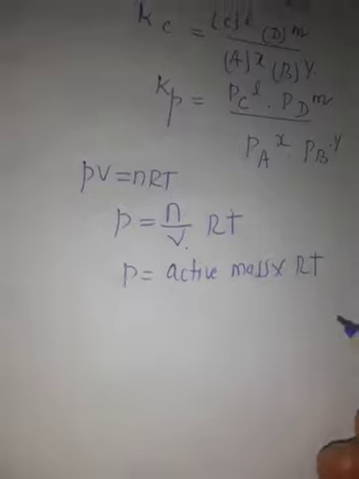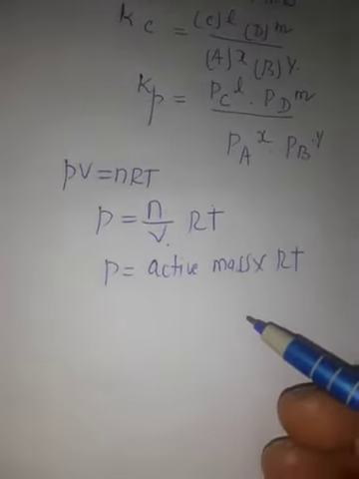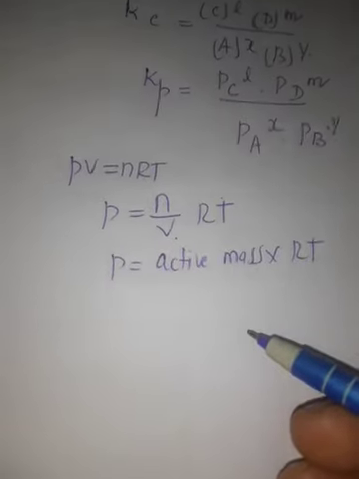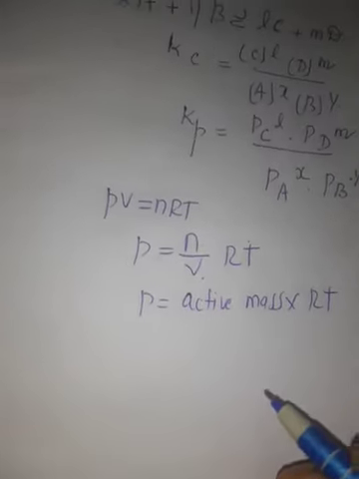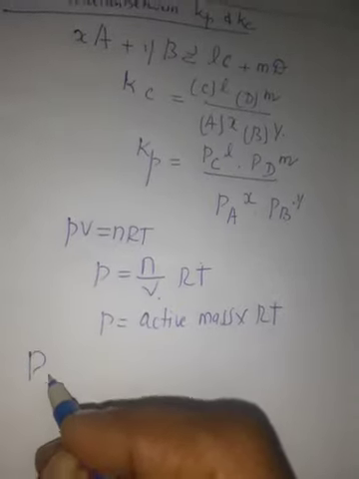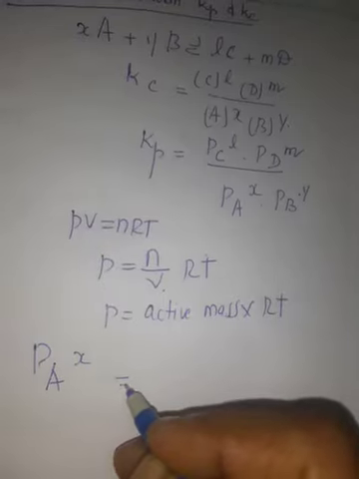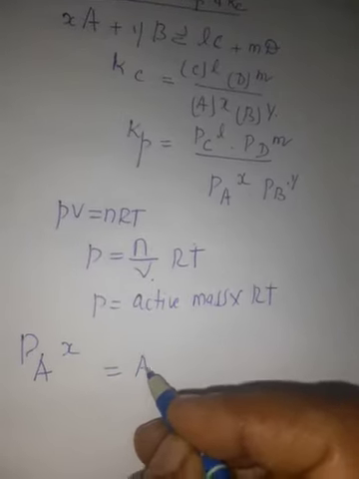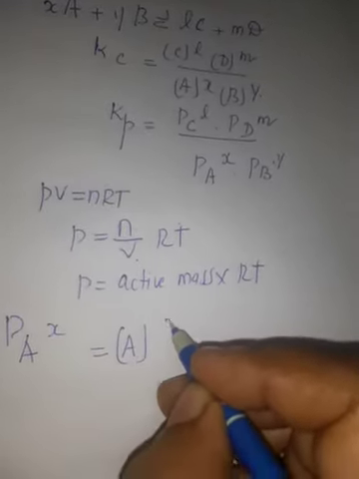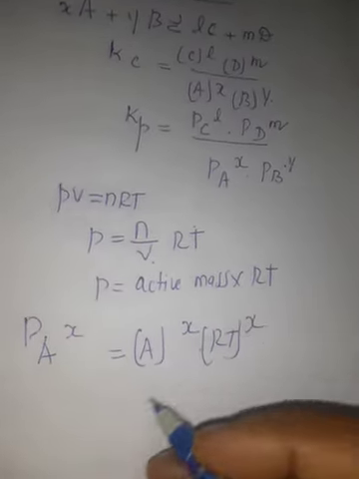So, based on the above expression, the partial pressures of the reactants and products can be expressed as: partial pressure of A power x is [A]^x into (RT)^x.